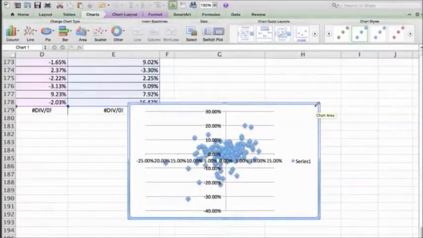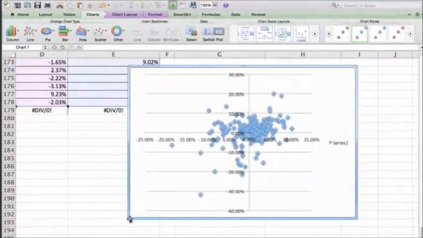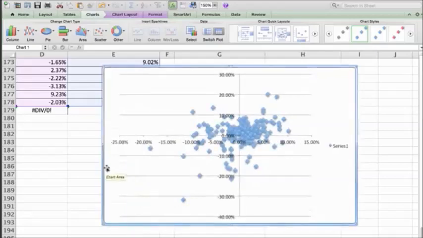We're going to choose the marked scatter. And this is a picture where each dot represents 1 month's activity, and the x-axis represents the returns of the S&P 500, and the y-axis represents the returns of Duke Energy stock.